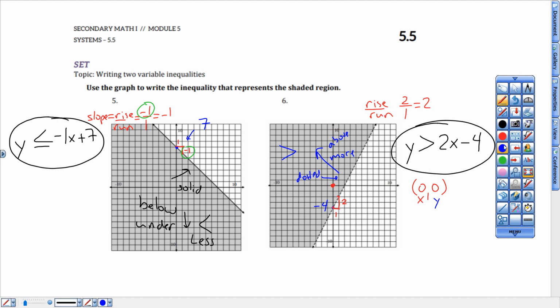So here I go. Where that y is, I put 0. I still have my 2. Where that x is, I put another 0. I still have that minus 4. That gives me 0 more than 0 minus 4. Is that a true statement? It should be. 0 is more than negative 4.